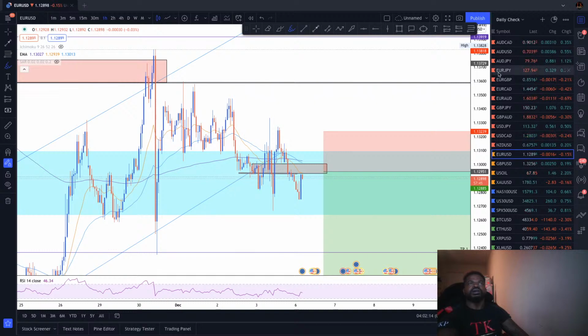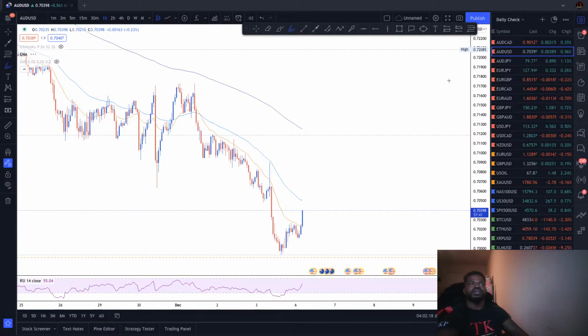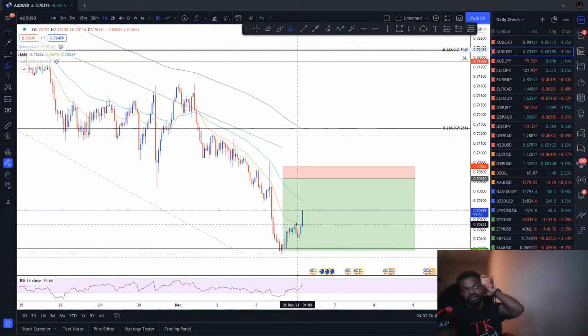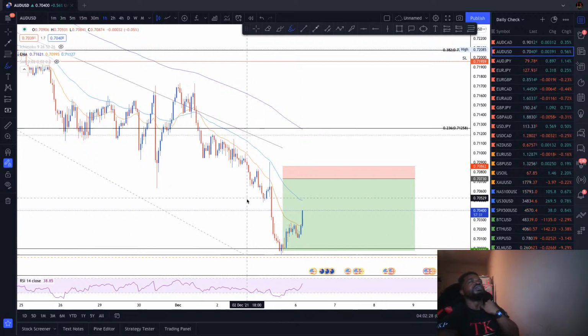Okay, we got an alert. Got a couple alerts. Alright. So price did exactly what I thought. Gave us this pullback on AUD USD. We should have taken a buy from there.